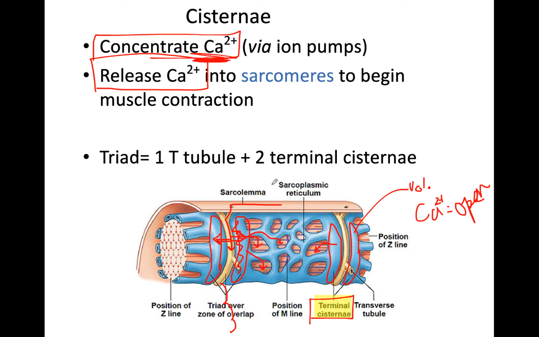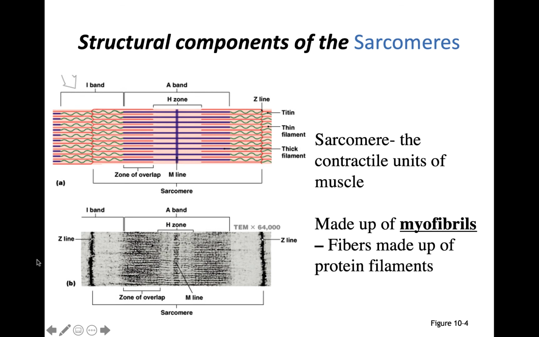So far you've learned how the voltage, aka the signal, travels from the sarcolemma down the T-tubules across to the cisternae to release the calcium out into the rest of the SR to get sprinkled down into the actual proteins of the muscle.